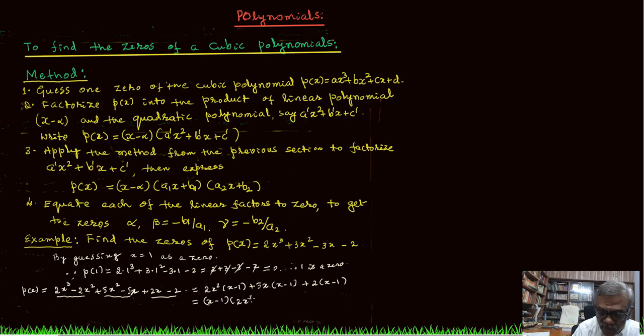The rest is going to be 2x² + 5x + 2. This I can write down as (x − 1)q(x), where q(x) is equal to 2x² + 5x + 2.